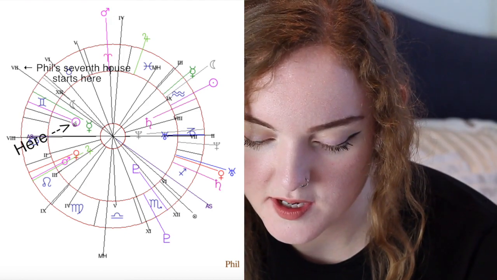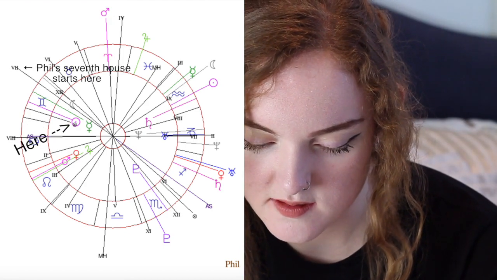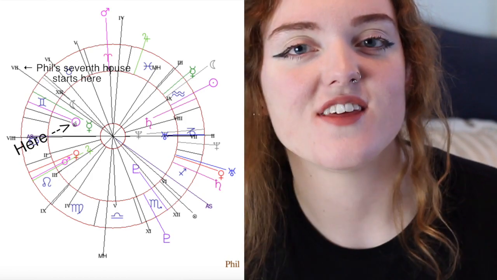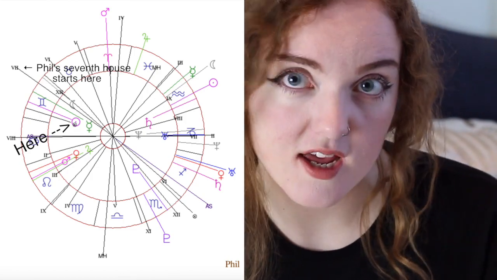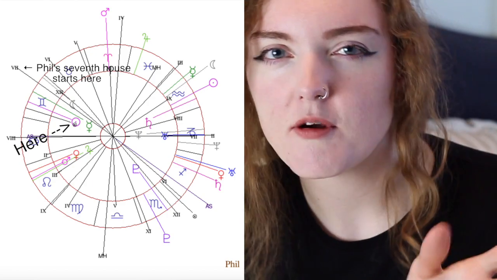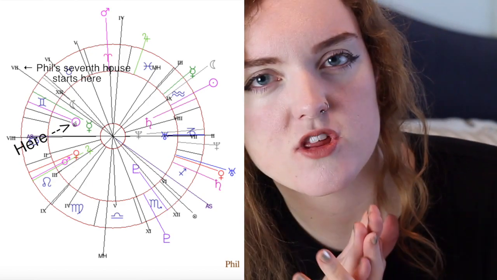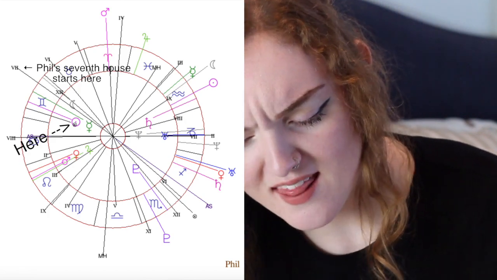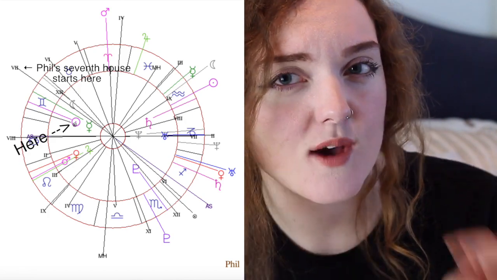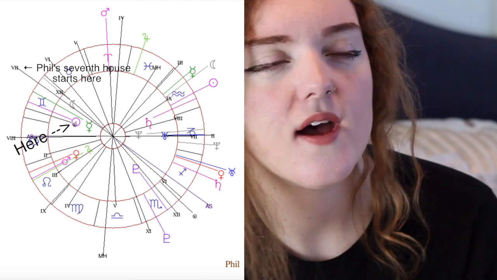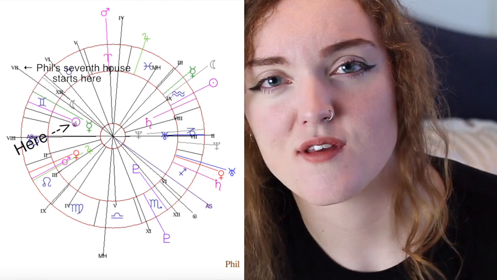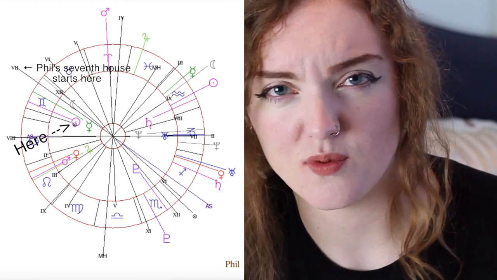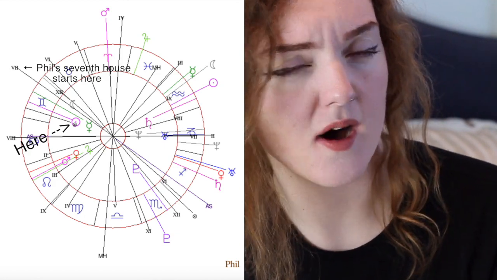So Dan's Sun and Mercury fall in Phil's 7th house, which I think is super interesting, because the 7th house is about relationships. Mostly romantic, but also close relationships, people you get on with well. And the fact that Dan's Sun and Mercury are there, so your Sun is your ego and your Mercury is the way you talk, it's in Phil's 7th house, so Phil's immediately going to feel a connection with them on a partnership level.